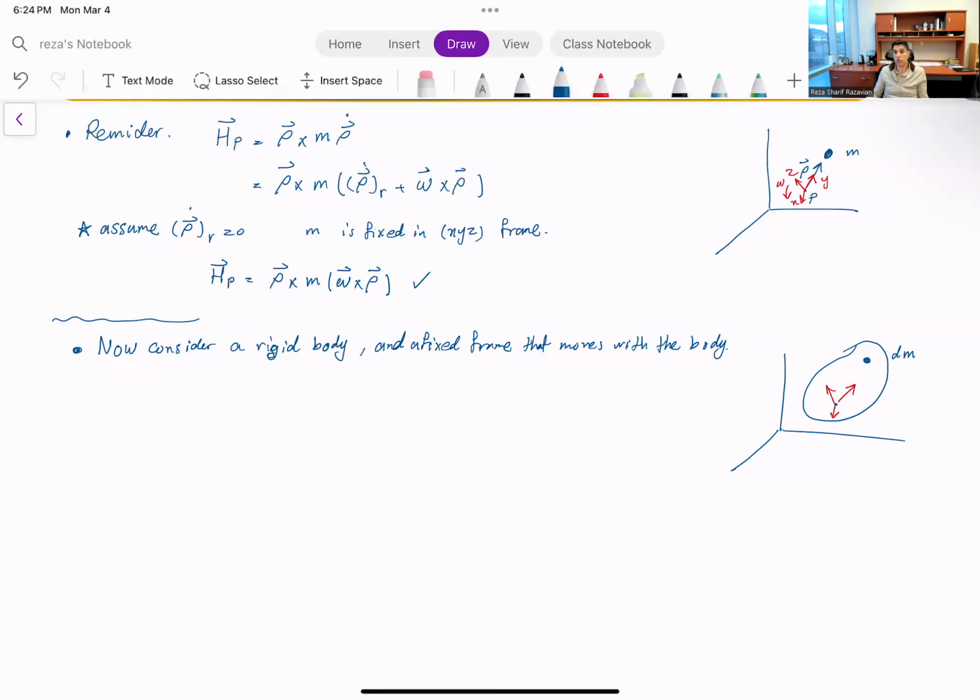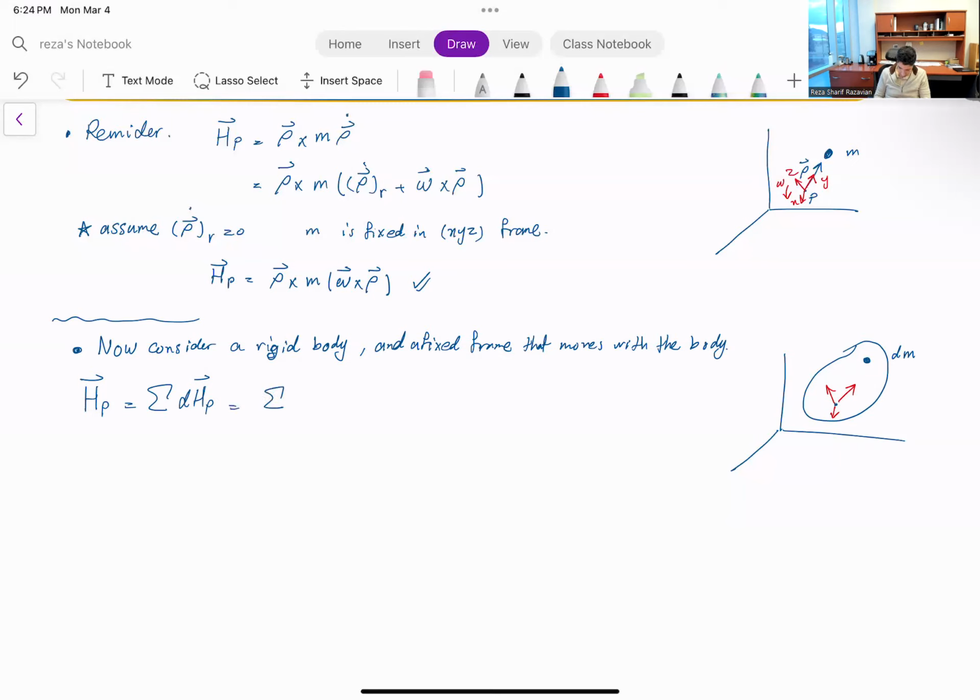And what I can do is sum all of these angular momenta about that point to find the total angular momentum of the entire body, the same way we were doing it for a system of particles where particles were kind of separate. So the angular momentum of the whole body in this case is the sum of all these little dH_P, using this equation.